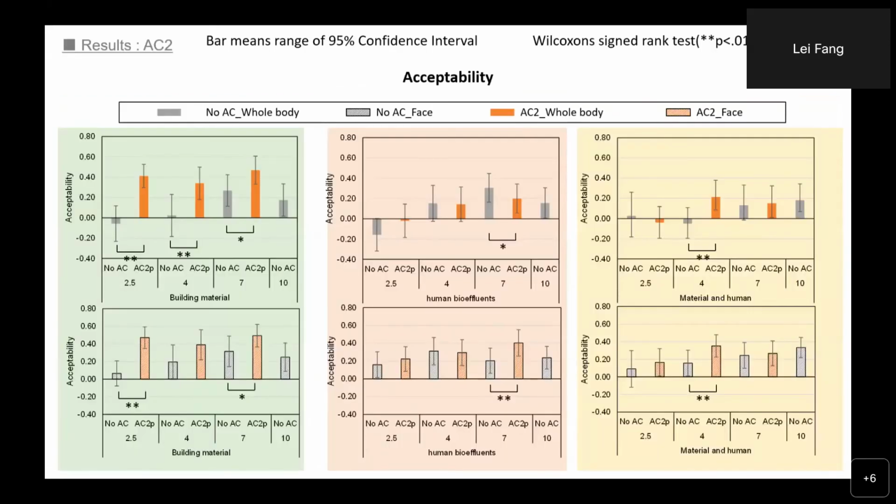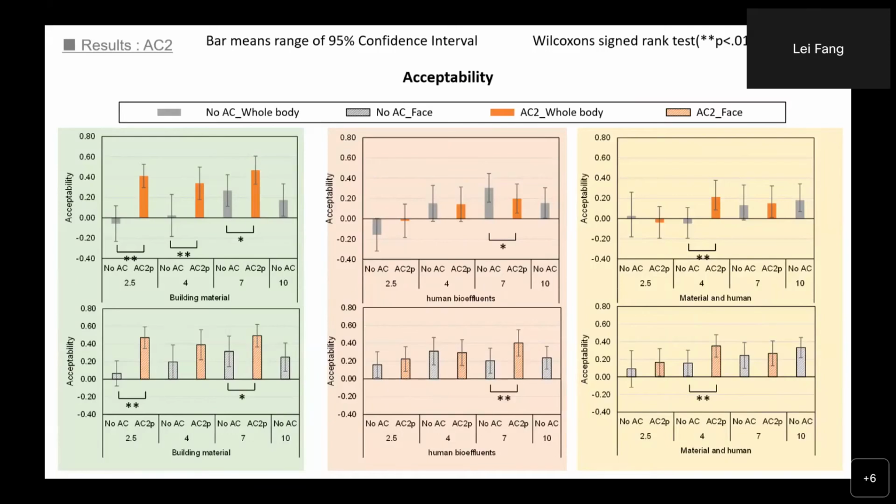So the second test is for these charcoal filter air cleaners. And here we can see a clear improvement in perceived air quality when the room was polluted by building materials. The acceptability assessed in the room with the air cleaner, shown by this orange bar, is much higher compared to the room without air cleaner.